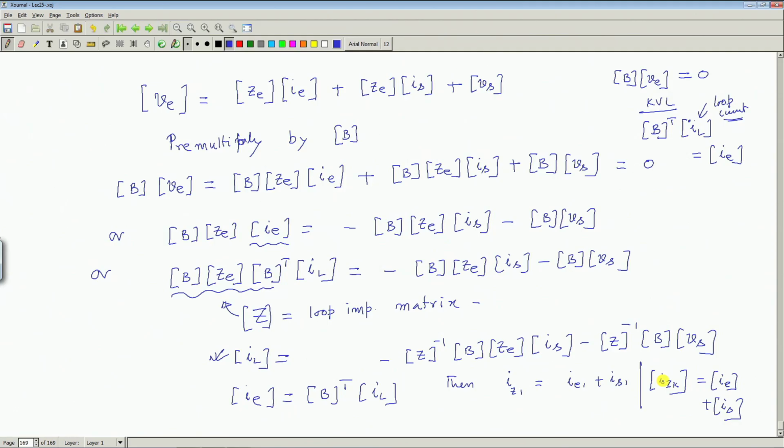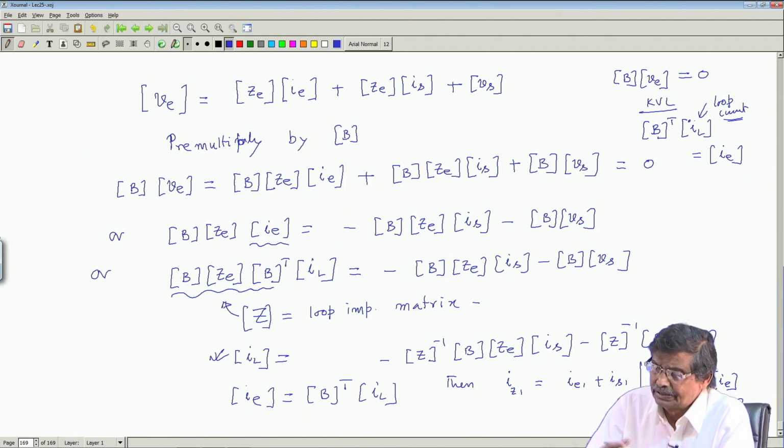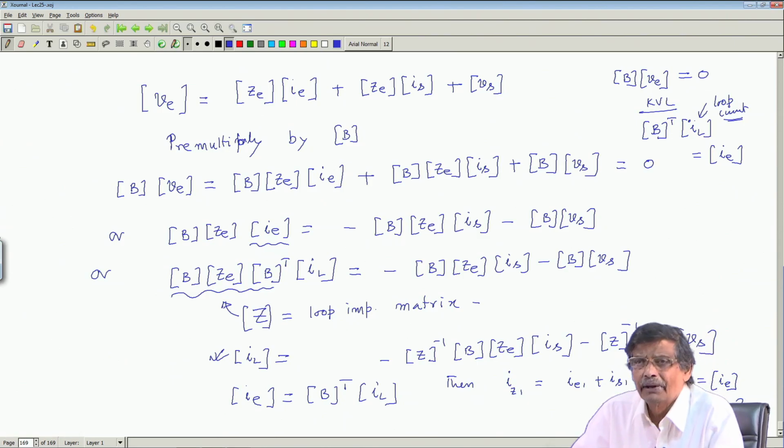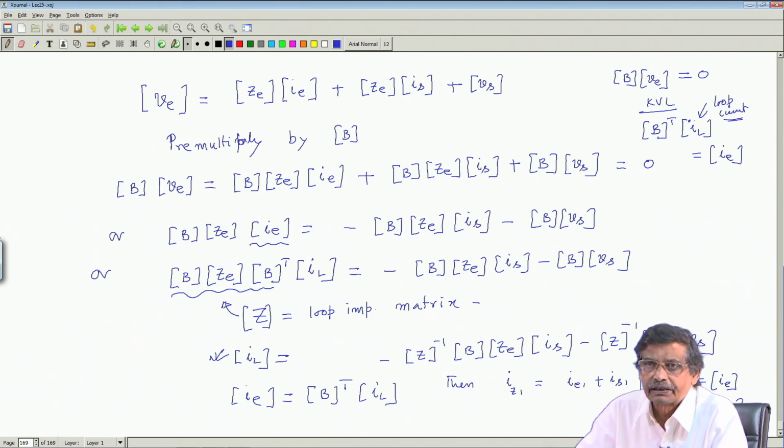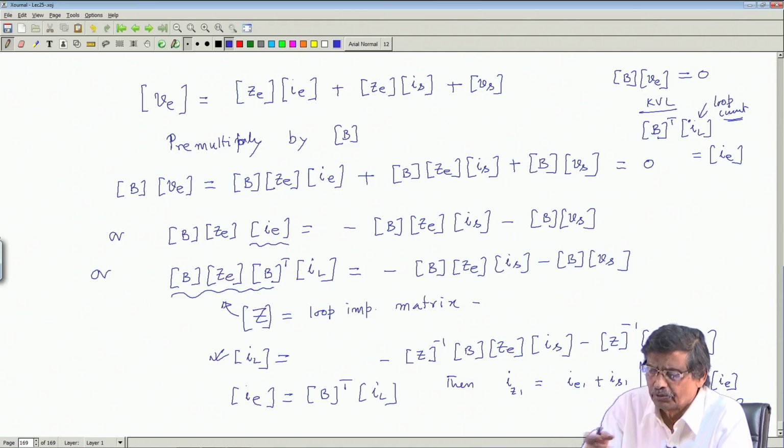So, please go through these steps, very simple. With simplified networks, it will not be a tough thing to construct the B matrix and the impedance matrix. That I will do in some later class, where I will solve some numerical problems.